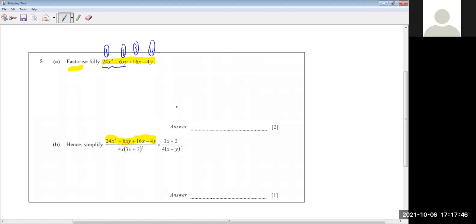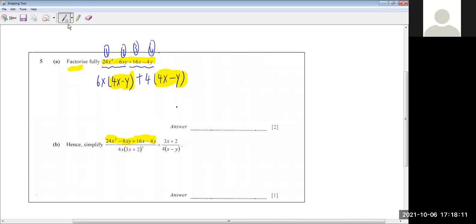I'm going to group these two together. So the first 1 and 2, I group them together. I will get 6x out, and then I'm going to get 4x minus 1. The same thing for this, I'm going to get 4 out. I get 4x minus 1. And then can you see that you have a common 4x minus y?